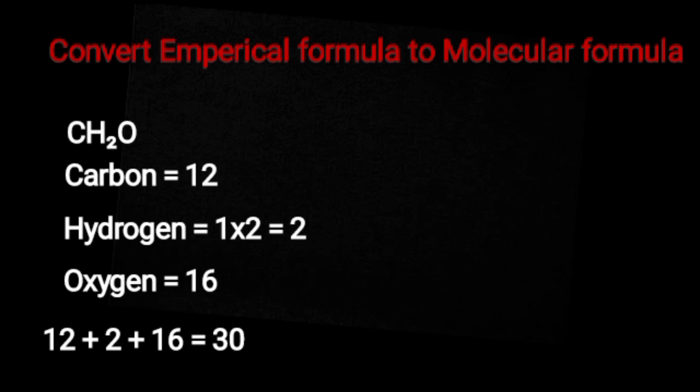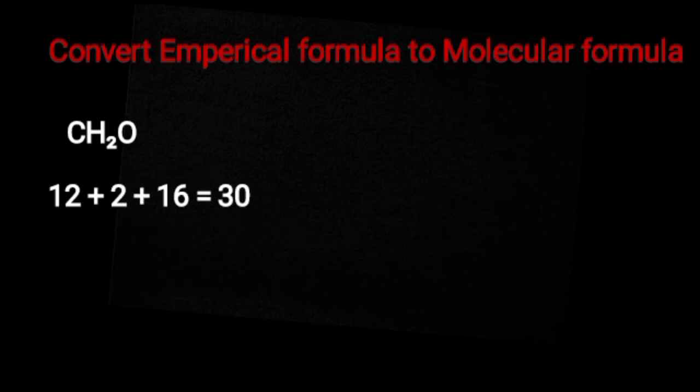Meanwhile, just so you know, there is no need to actually memorize atomic masses, because they will be provided to you. When the question is being asked, they are going to provide you with the masses that you need to calculate the empirical formula mass. The next thing that will be provided to you as well is the molecular mass.